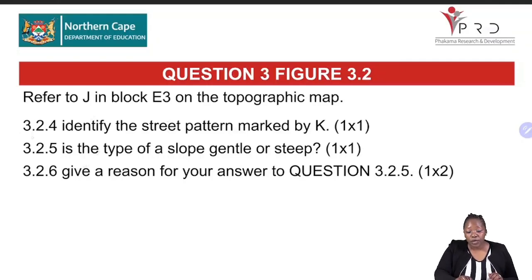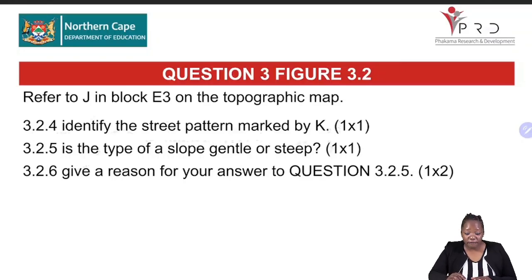And then after, identify the street pattern marked by K. So the street pattern marked by K is in block E3. What pattern is that one? Remember the street patterns, there are 3. You have learned them in the theory part. Now you need to interpret them in the map work.